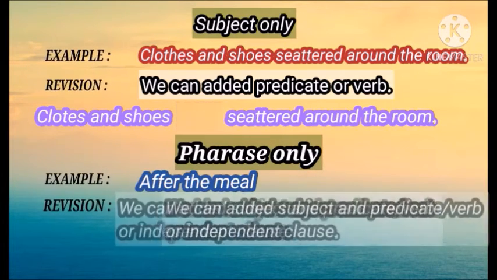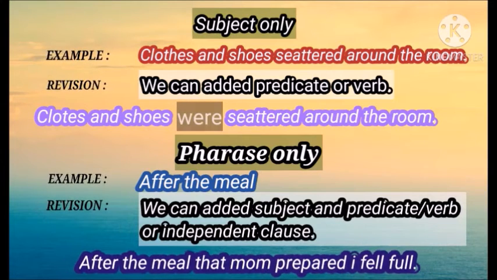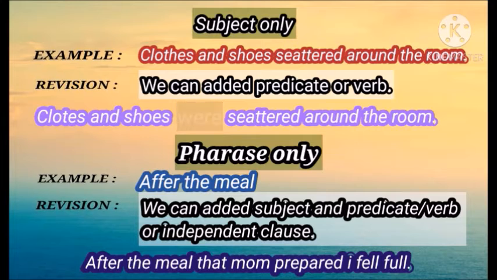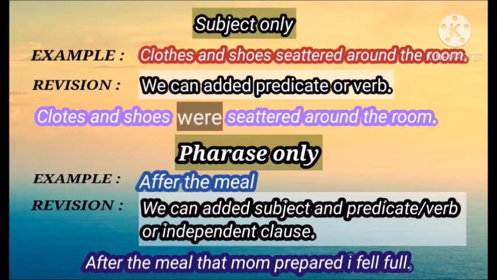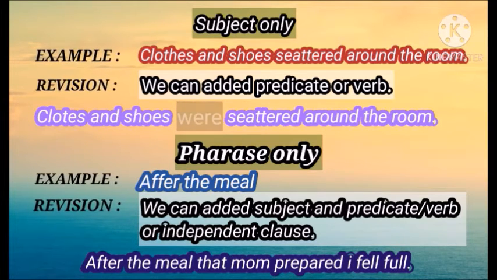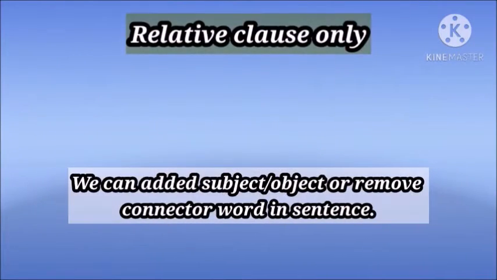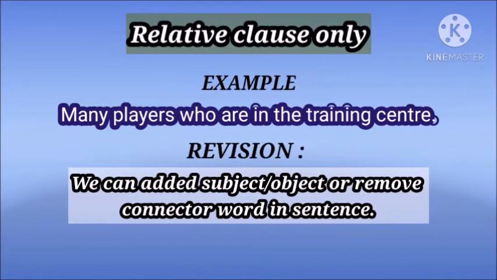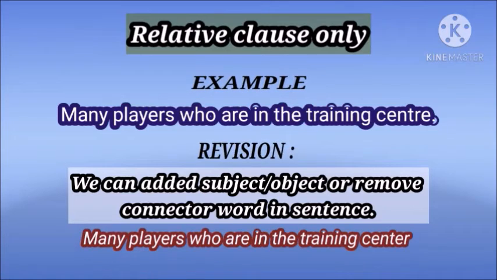The next fragment, the sentence only contained a phrase. For revision, we can add a subject and predicate or verb, or add an independent clause. Next, the sentence only contained a relative clause. For revision, we can add a subject or object or remove the connector word in the sentence.